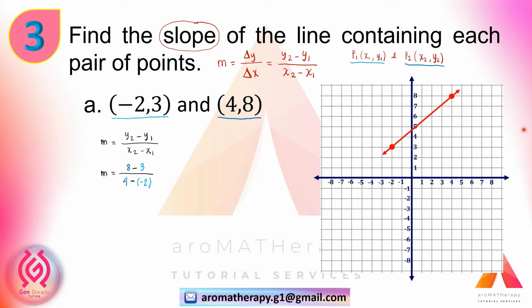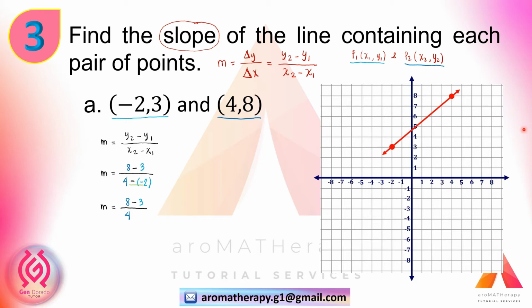So recall your lessons in integers. M is equal to 8 minus 3 over 4 plus 2.